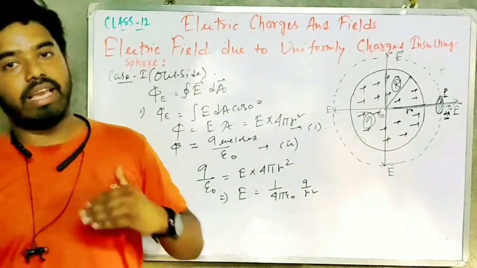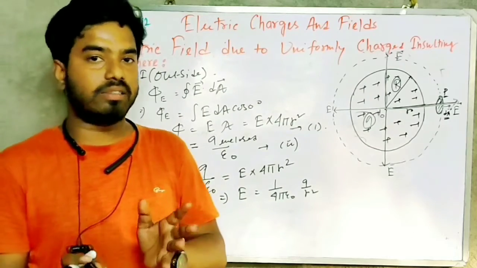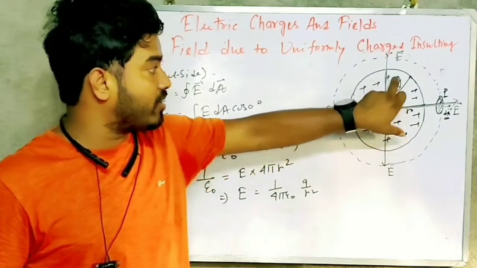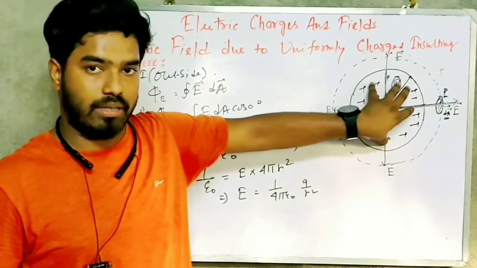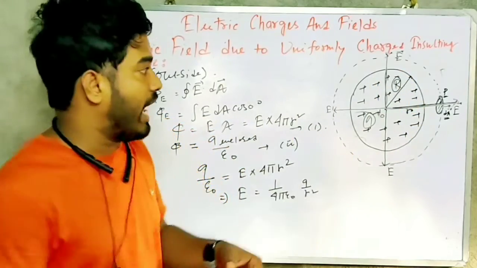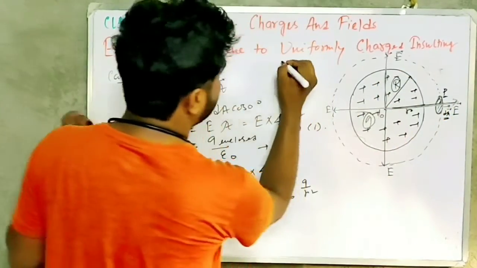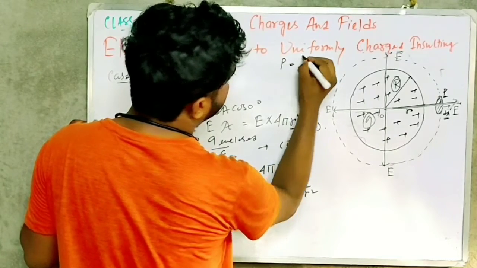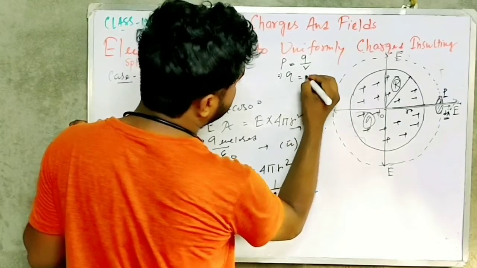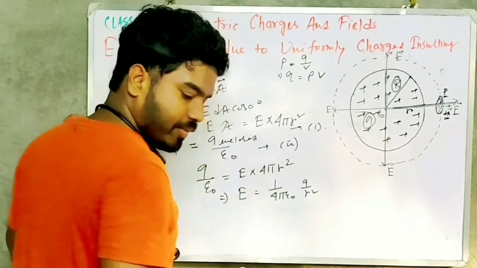In the previous case, that is for the thin spherical shell, we considered surface charge density. Now in this case, the charge is stored inside the sphere, so here we have to consider volume charge density, and the expression of volume charge density is rho equal to Q by V, then Q equal to rho into V. Clear?